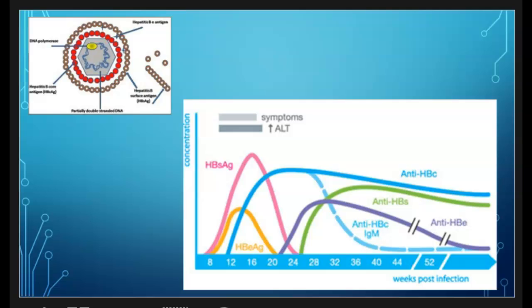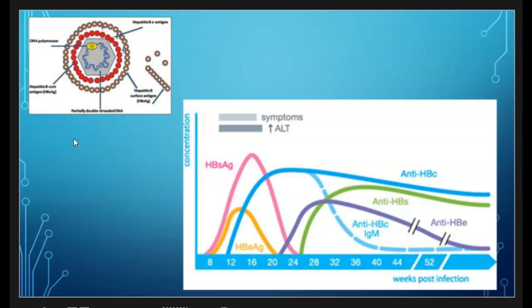The hepatitis B E antigen is a protein found between the surface and the core. So if you notice, this is a picture of the viral particle of hepatitis. You have the outer surface, the outer inner envelope. It's a very complex virus.